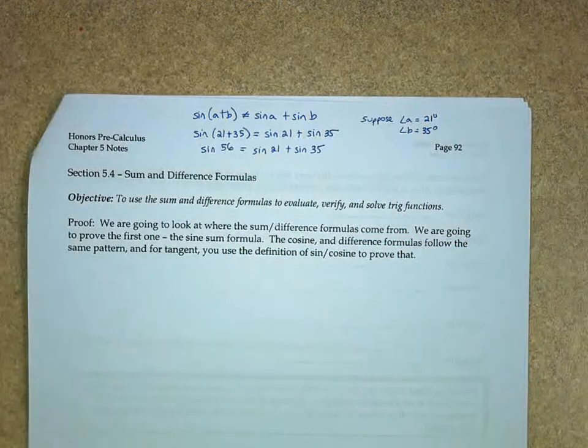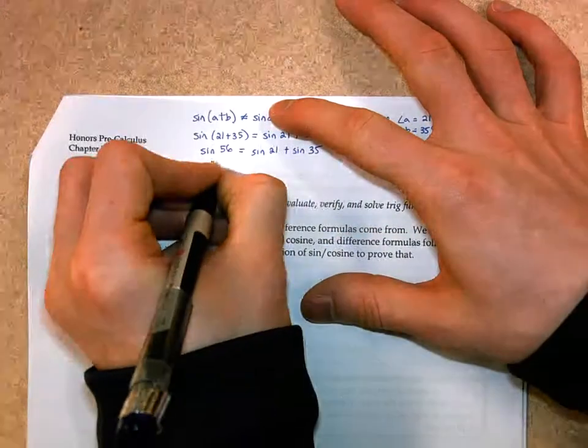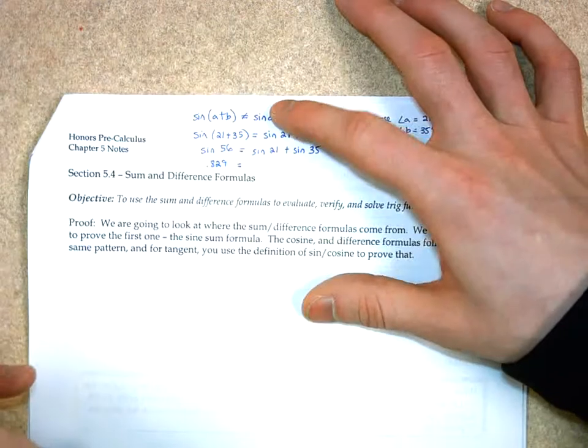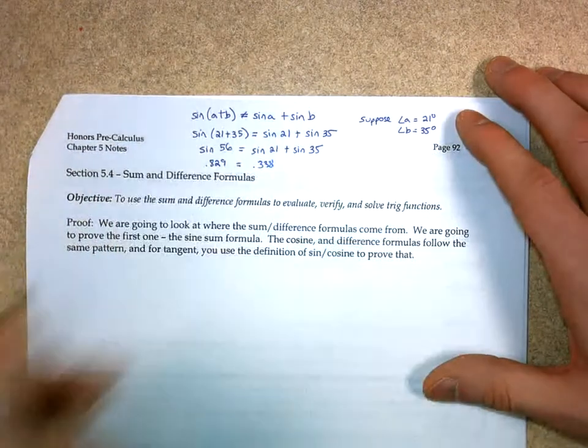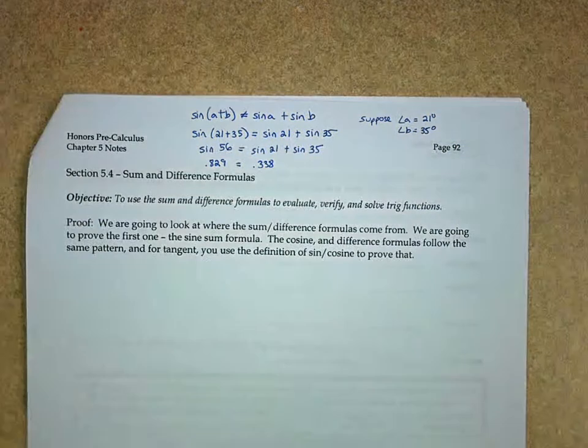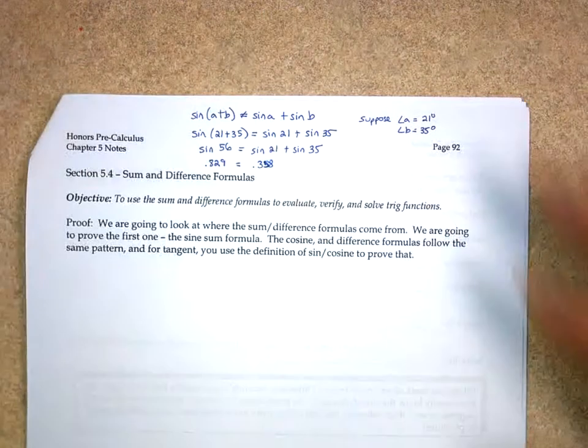Now if I plug sine of 56 degrees, sine of 21, sine of 35 degrees into my calculator, I'll see the sine of 56 is 0.829. The sine of 21 is 0.358. Actually, it's 0.358. Can't read my calculator.